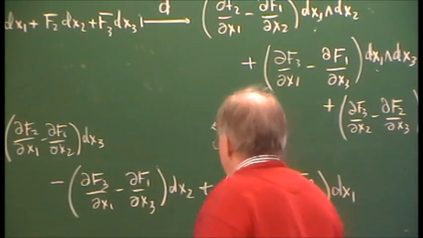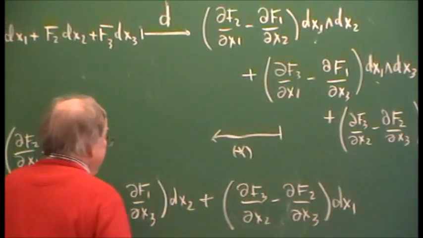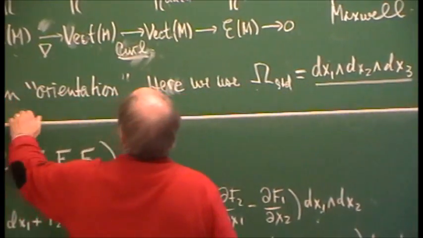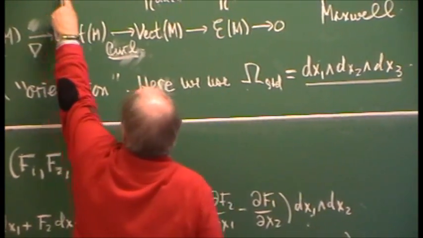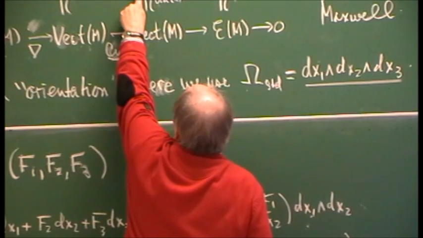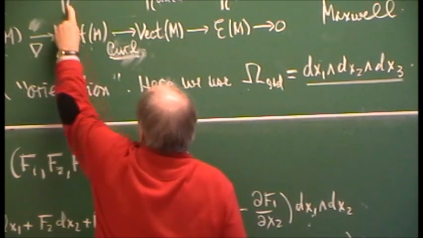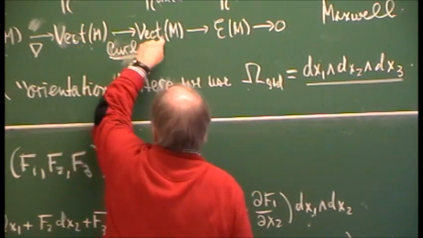And now, what have I done? Let's find out. I took a vector field, went to the 1 form, took D of it. I realize that from the 2 form I go back to a 1 form and go back to the vector field, and that will be the answer.